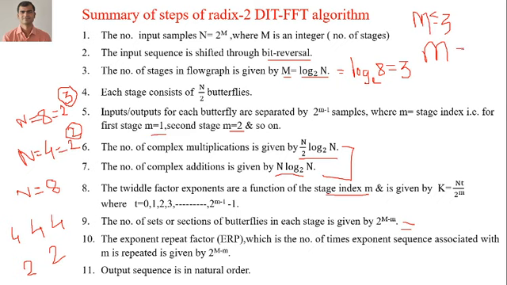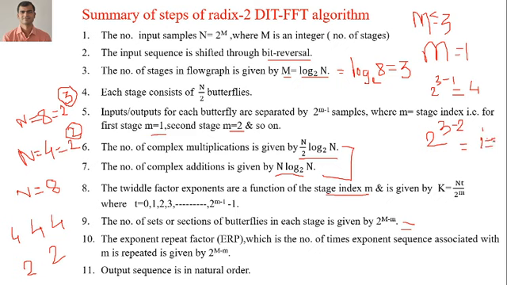Now consider stage 1. Here 2 raised to 3 minus 1 becomes 4, so the number of sets or sections of butterfly in stage 1 is 4. For stage 2 it is 2 raised to 3 minus 2, which is 2 raised to 1, so it becomes 2.